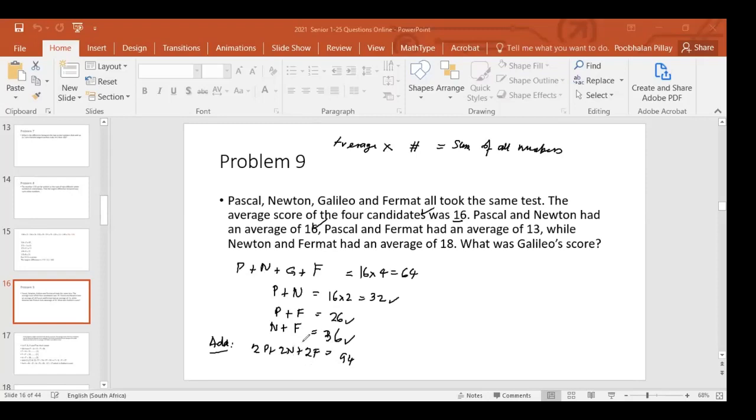Okay, which means that, simplifying, P plus N plus F is actually 47, because we simply divide by 2 throughout, and 94 divided by 2 is 47.